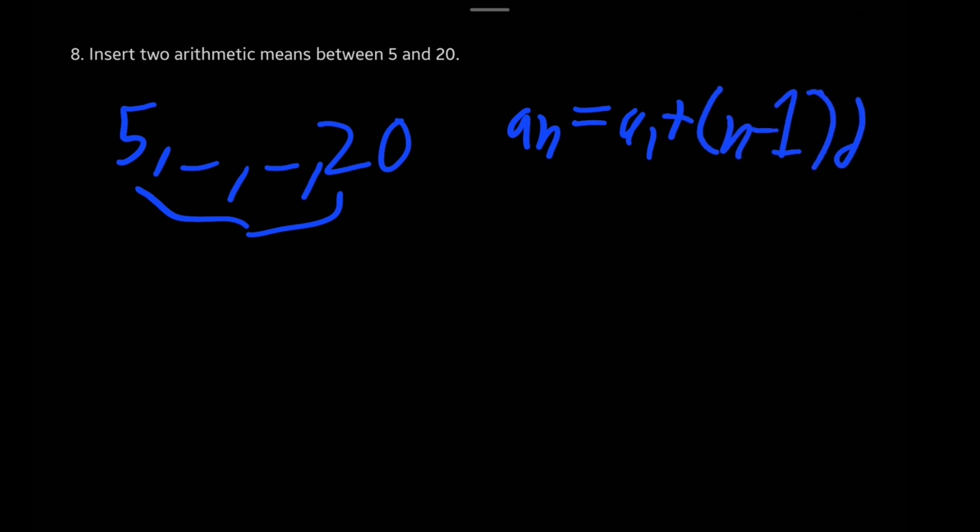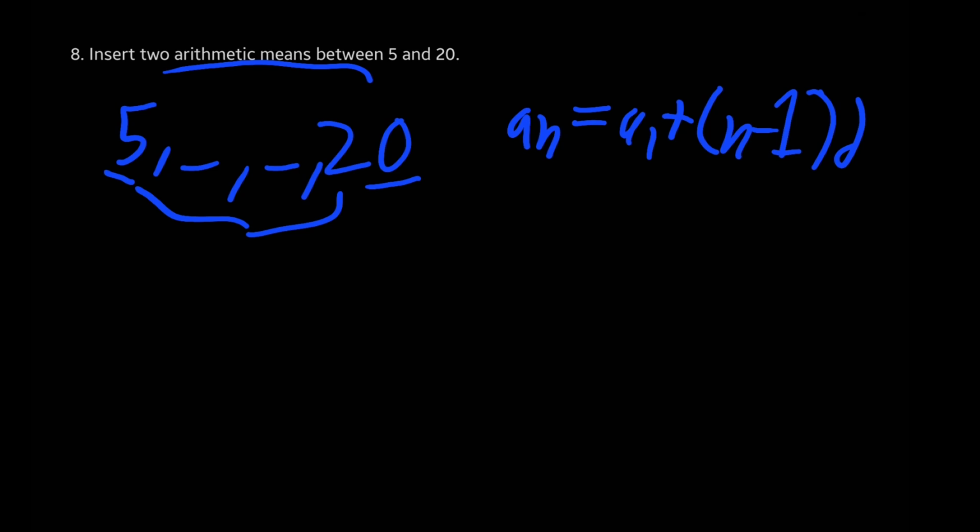But you might ask yourself, how could we possibly use this equation to solve for this? Well, notice that there are 4 terms here, and that the first term and the fourth term are given. We could use that to find the common difference. And once we get the common difference, we can simply add it to 5 and add it to another one, which completes the set.